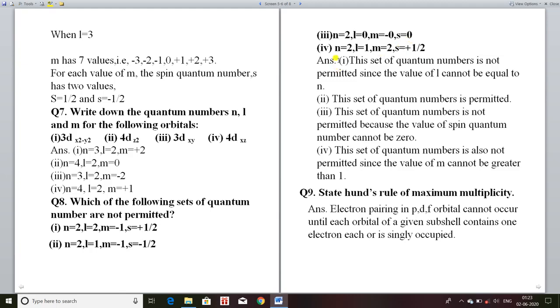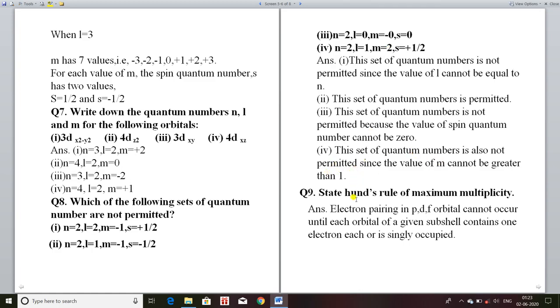In the fourth part, n is equal to 2, l is equal to 1, m is equal to 2, and s is equal to plus 1 by 2. Here the value of m cannot be equal to 2 when l is 1, because the possible values of m when l is equal to 1 are plus 1, 0, minus 1. So this set of quantum numbers is not permitted.